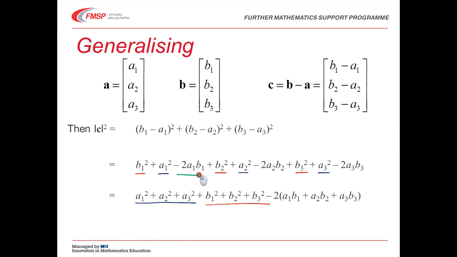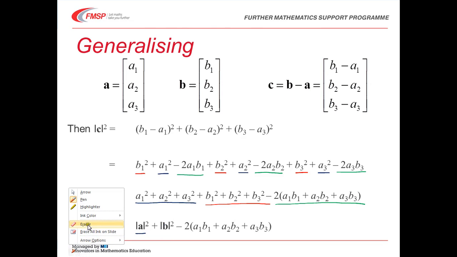And minus 2A1B1 minus 2A2B2 minus 2A3B3 is there. Okay, the first bit is the size of A squared. The second bit is the size of B squared. And the third bit is, well, it's just this expression again.